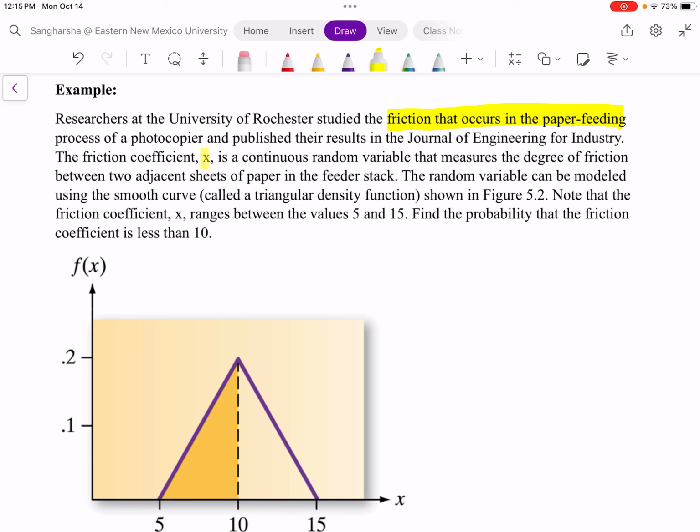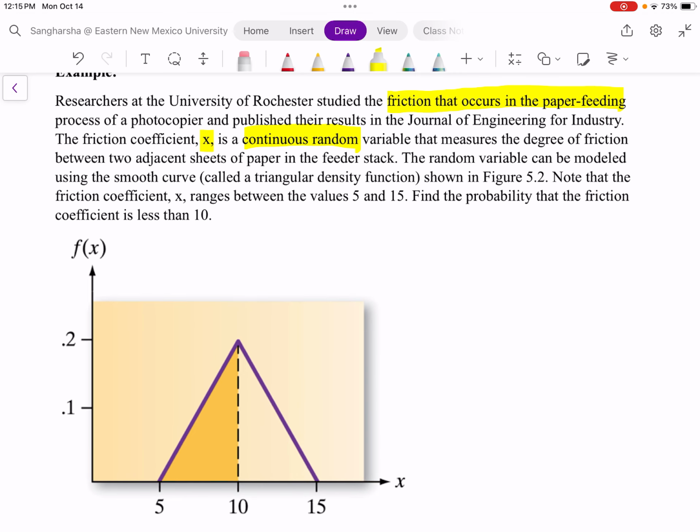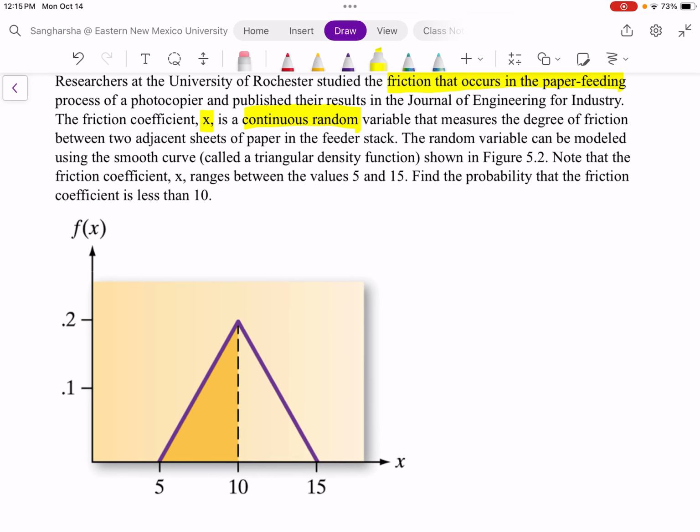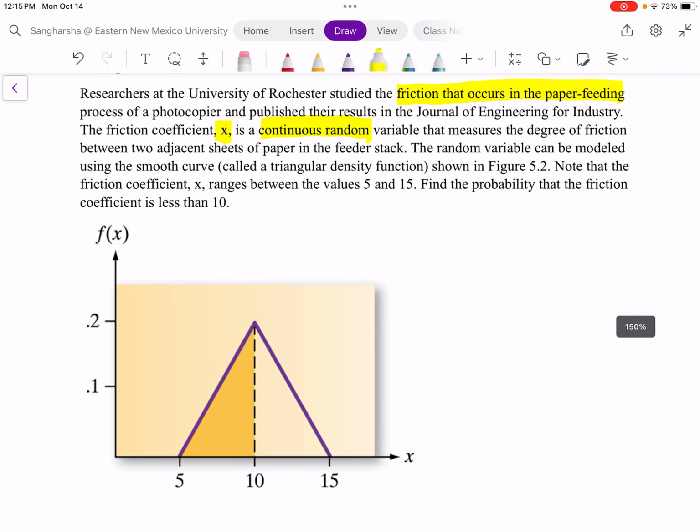So we have this x, the friction coefficient. This is our continuous random variable, which measures the degree of friction between two sheets of paper. The random variable can be modeled using a smooth curve. Now this random variable x, the friction coefficient, is represented by this curve, and we have our curve in a triangle shape.